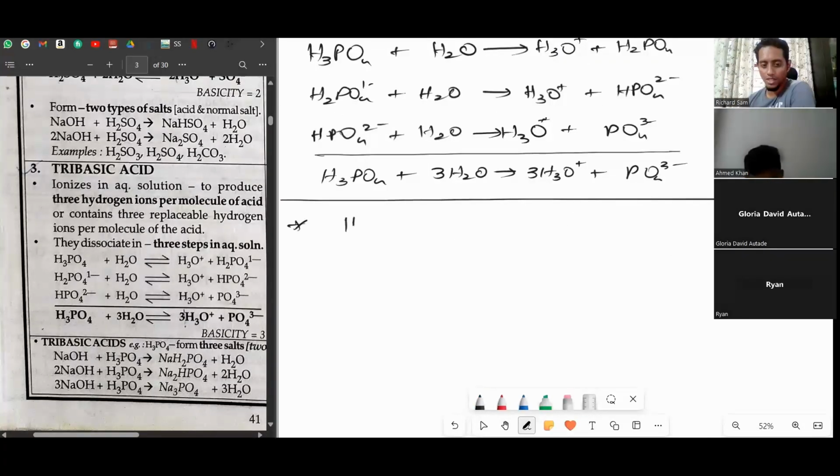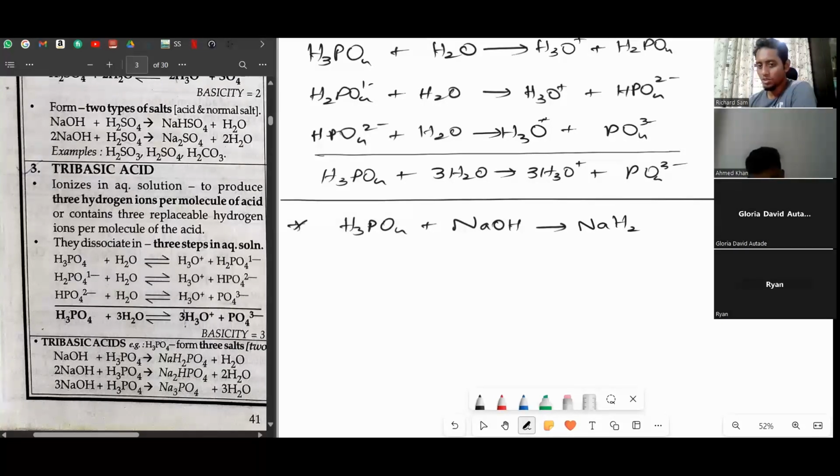Now we'll see the same thing, this H3PO4 reacting with a base, which again will be NaOH. So what will happen in the first step when sodium is replacing one hydrogen? Remove one hydrogen and put Na there. Because there were 3 hydrogens, only one of them is getting displaced by this sodium.